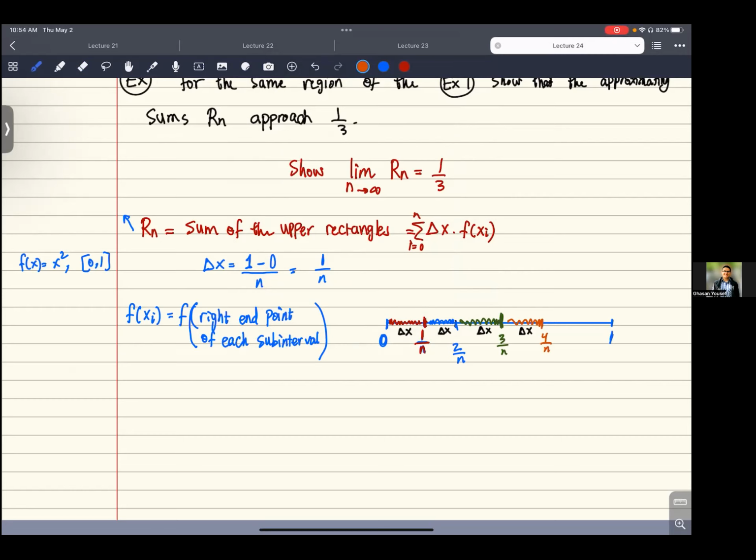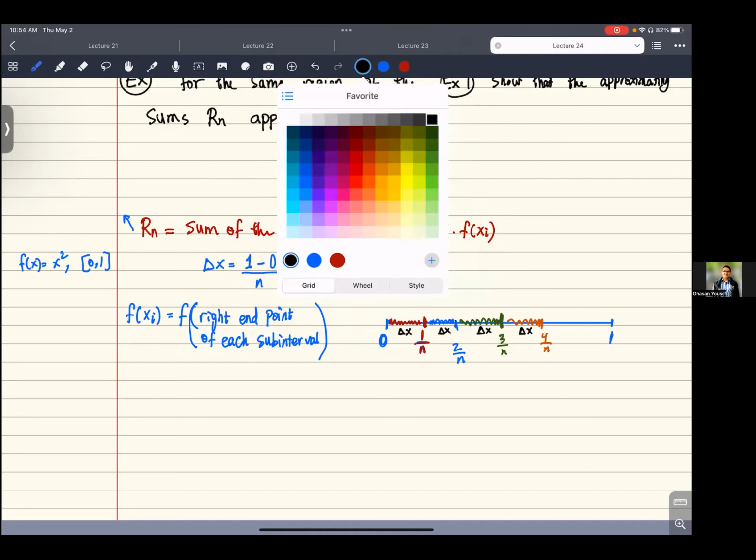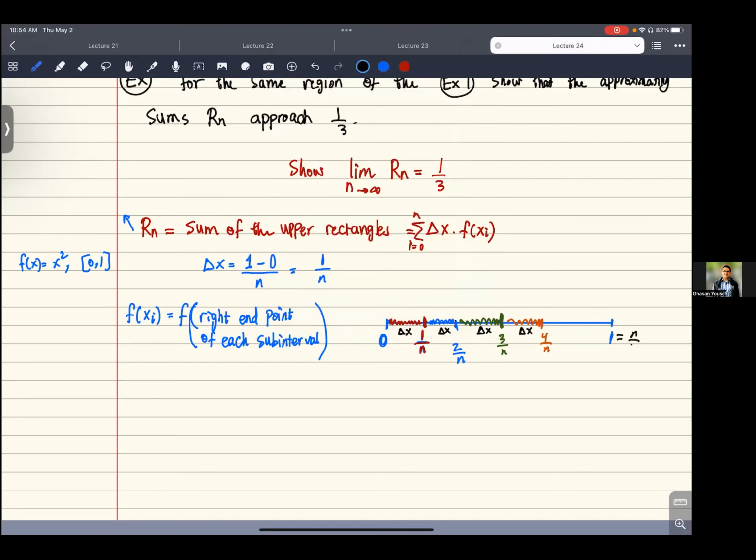Make sense? So I keep giving a point up to arriving at this point. This point is the same as n over n. N over n is the same as 1. And this point here is 0 over n, which is the same as 0.